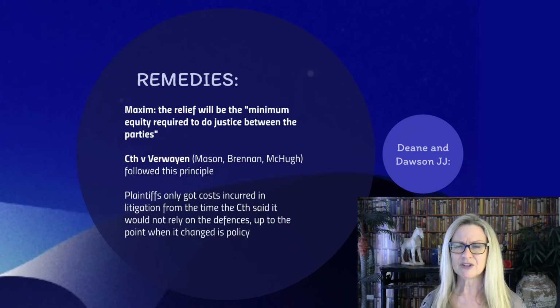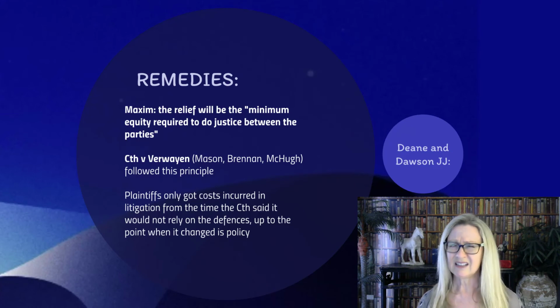The question for the court there was, should the Commonwealth be held to its representation, or should the court just give the minimum equity involved? And in that case, the plaintiff just got minimum equity involved, which was the costs incurred in the litigation from the time the Commonwealth said it wasn't going to rely on those defences up to the point where it changed its policy. Very unfortunate case, really.